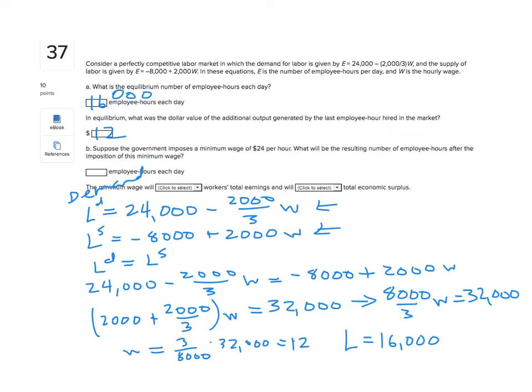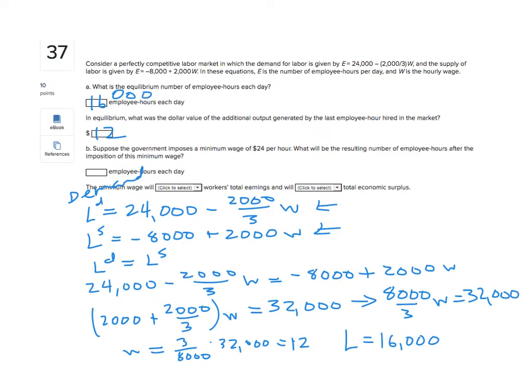Now, suppose the government imposes a minimum wage of $24 per hour. What will be the resulting number of employee hours after the imposition of the minimum wage? We know that the minimum wage is going to reduce total surplus, but I'm going to guess it's going to increase workers' total earnings.